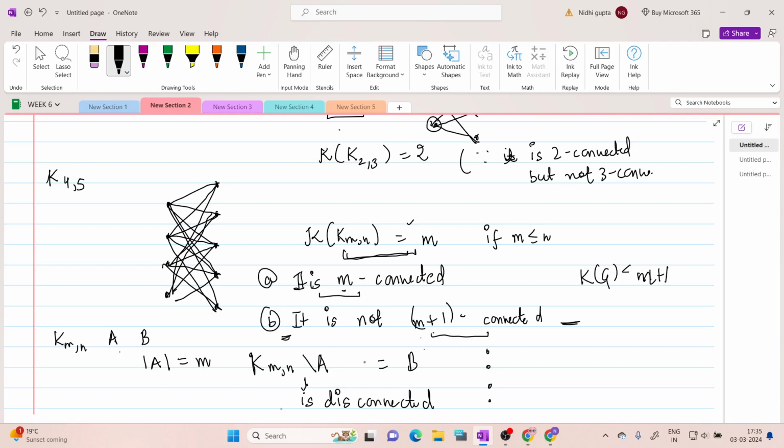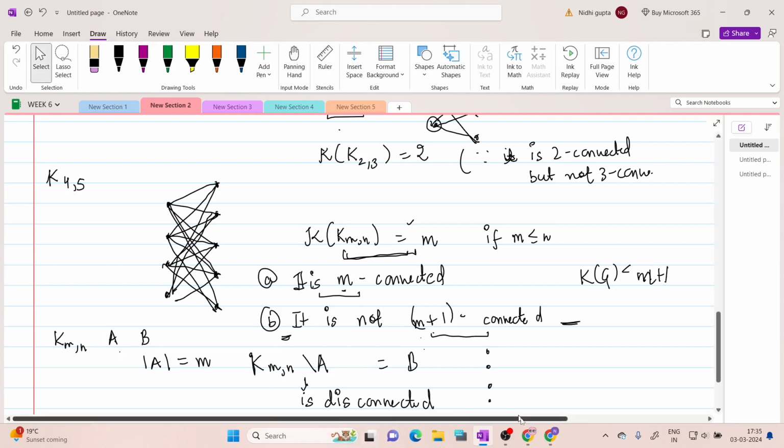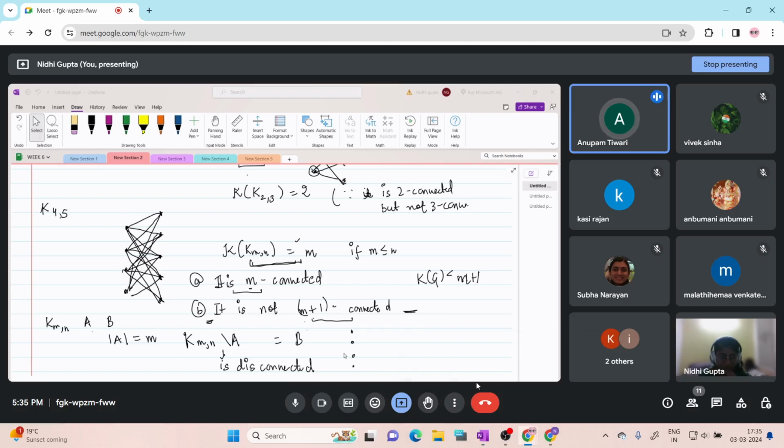Now why is it M connected? Ma'am, remove M minus 1 vertices from one side. One will be left there, so the graph will be connected. But what if we remove some vertices from A and some vertices from B? To prove that it is M connected, you have to say that if you remove any set of M minus 1 vertices, then the graph should remain connected.